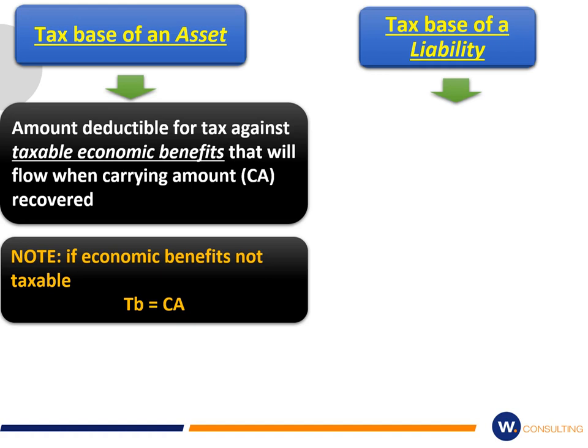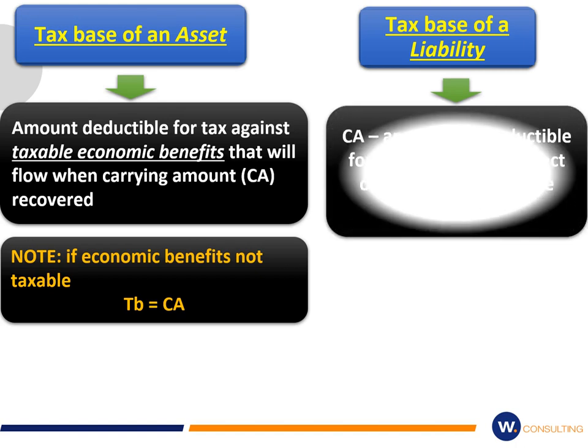So if you think of an item of PPE, the tax base, if we say it's 100,000, we are saying in future we are going to be able to deduct the full 100,000 over time, when the carrying amount is recovered, that is, as we recover the amount of PPE. But if we are saying that the amount of 100,000 is not taxable, then we are saying that the tax base is equal to the carrying amount.